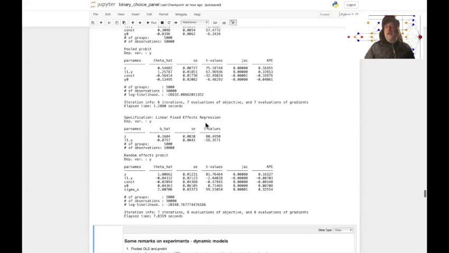Anyway, you shouldn't really count on this, and I guess the bottom line here is don't use linear fixed effects regressions for dynamic models. It's not valid.